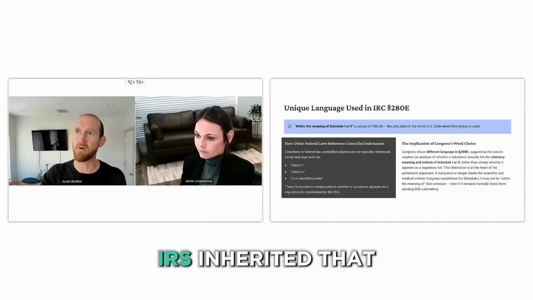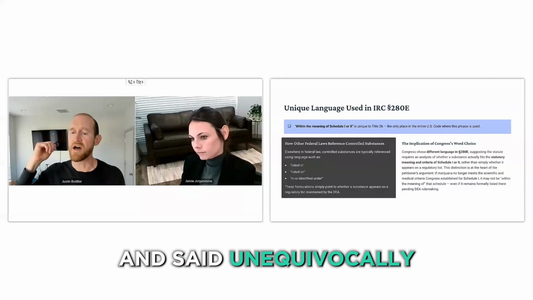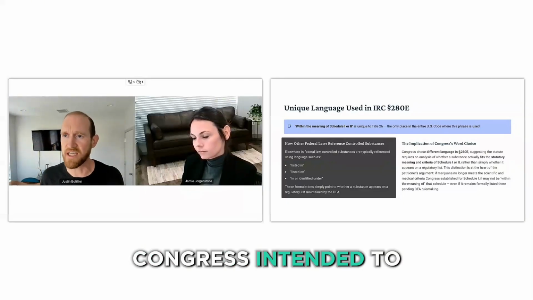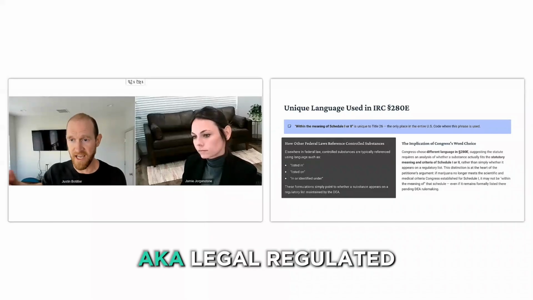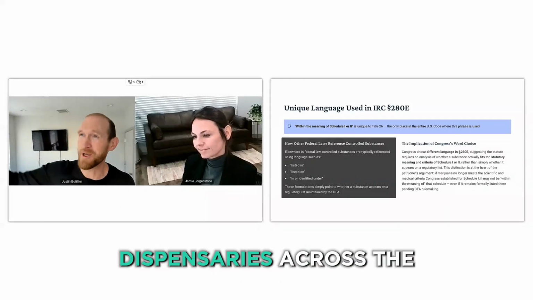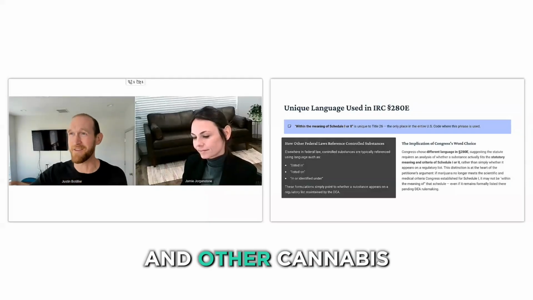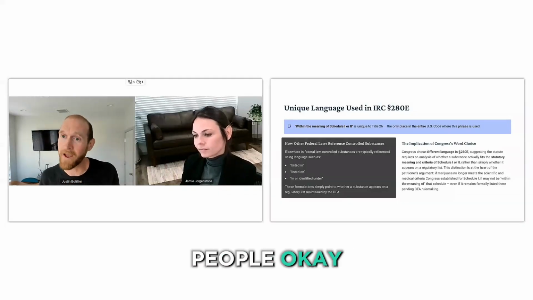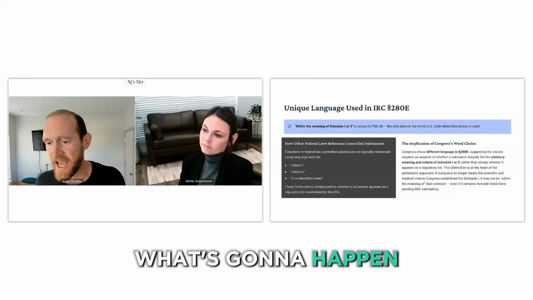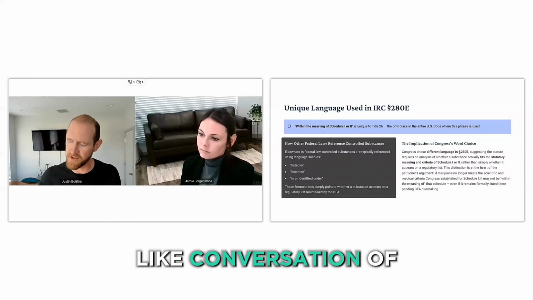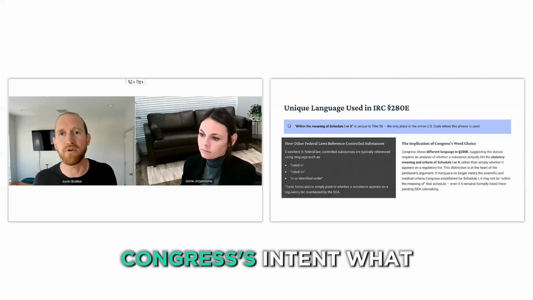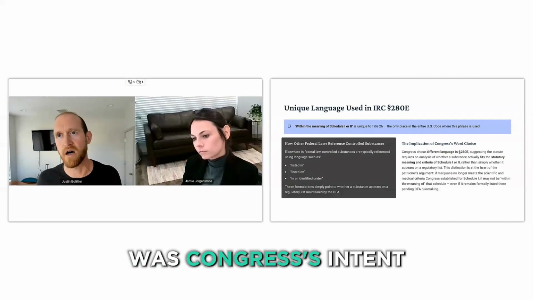And then the IRS parroted that and said unequivocally, Congress intended to punish illicit drug traffickers, AKA legal regulated dispensaries across the United States and other cannabis people, okay? And therefore, that's what's gonna happen. And so then this conversation of Congress's intent. What was Congress's intent?